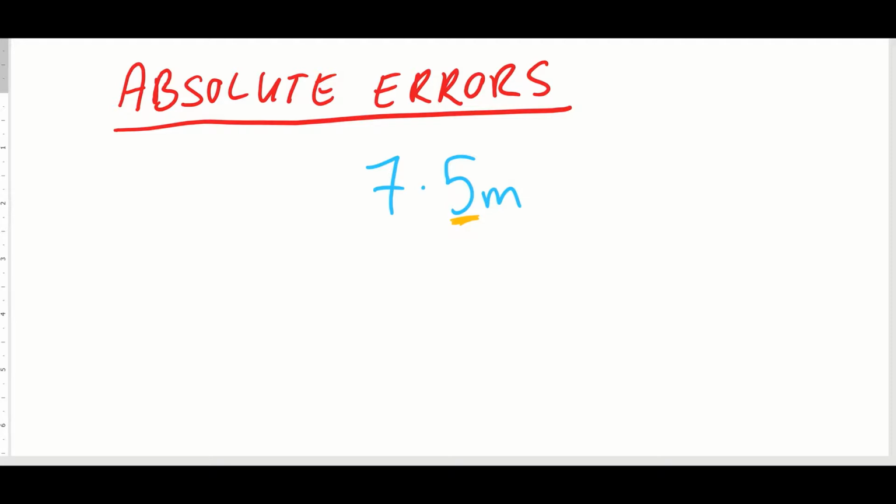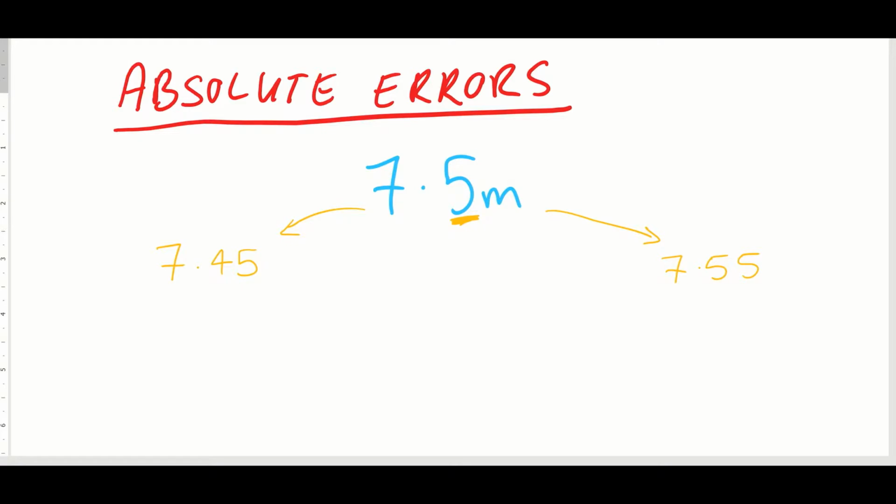And you think, okay, well, it could have been then all the way down to 7.45, and then all the way up to, but not including 7.55, right? So, and even further, let's just say it was even more than that.